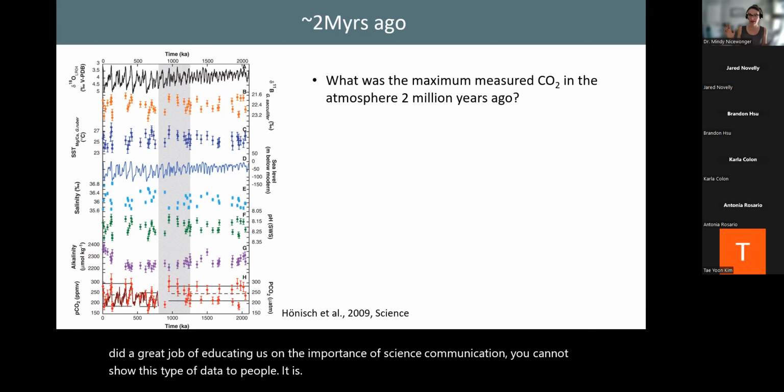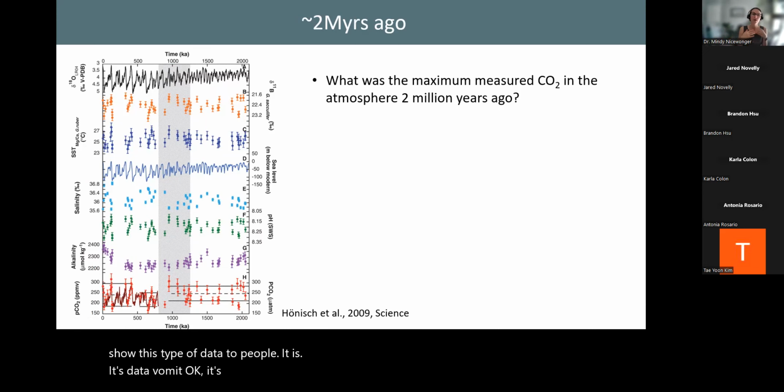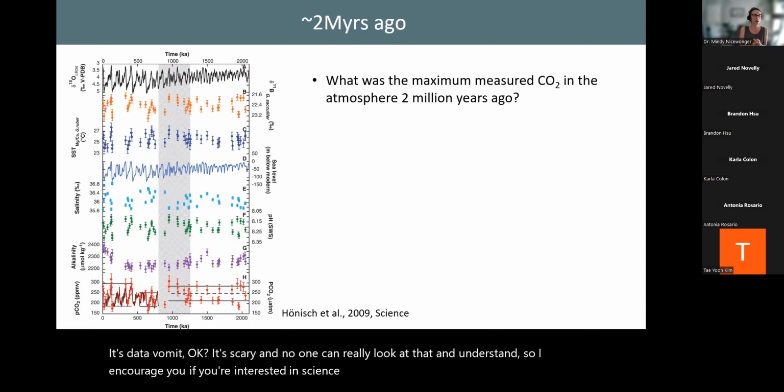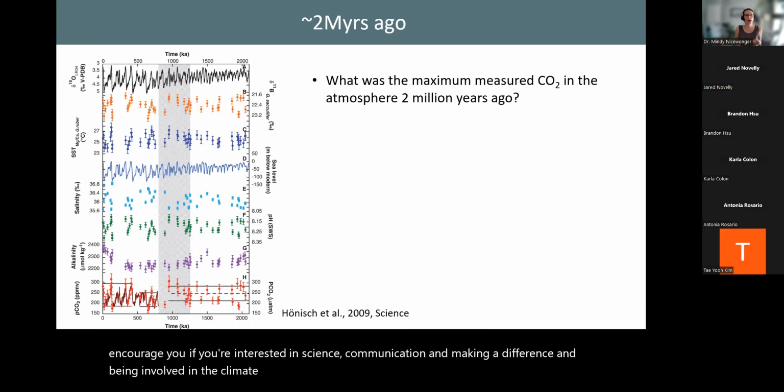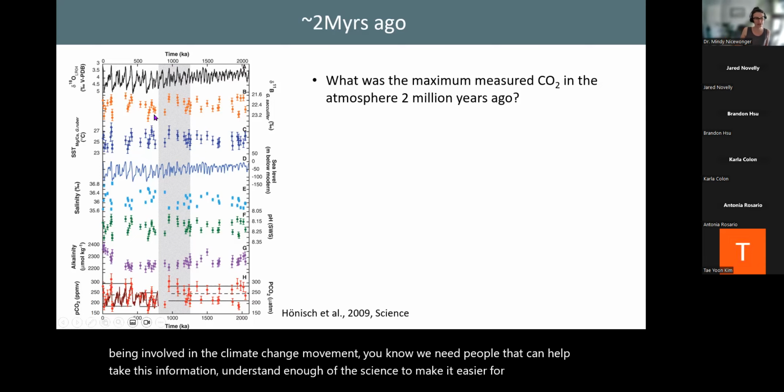It's data vomit. It's scary, and no one can really look at that and understand. So if you're interested in science communication and being involved in the climate change movement, we need people who understand enough of the science to make it easier for the rest of us to understand.